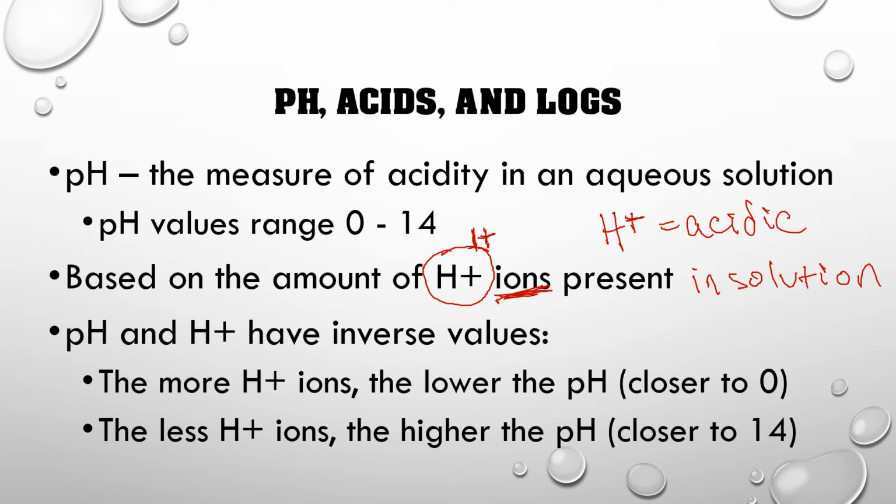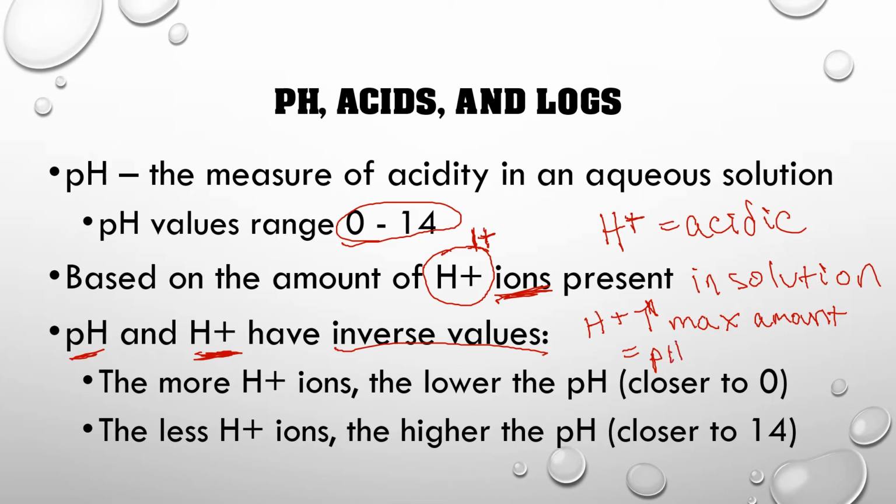So it stands to reason that the more hydrogen ions in the solution, the more acidic the solution is. Now, pH and the amount of hydrogen ions have inverse values. I set up here that the pH values range from 0 to 14. When hydrogen ions have the maximum amount, that is going to be closest to pH 0.